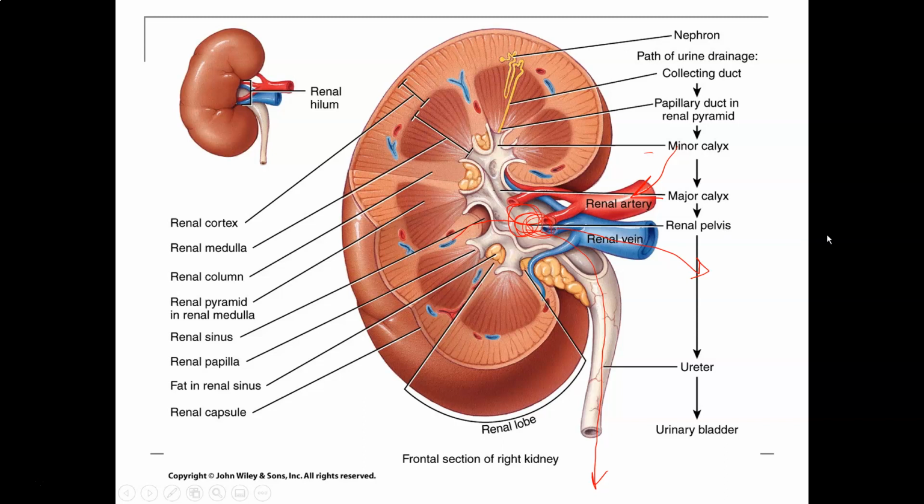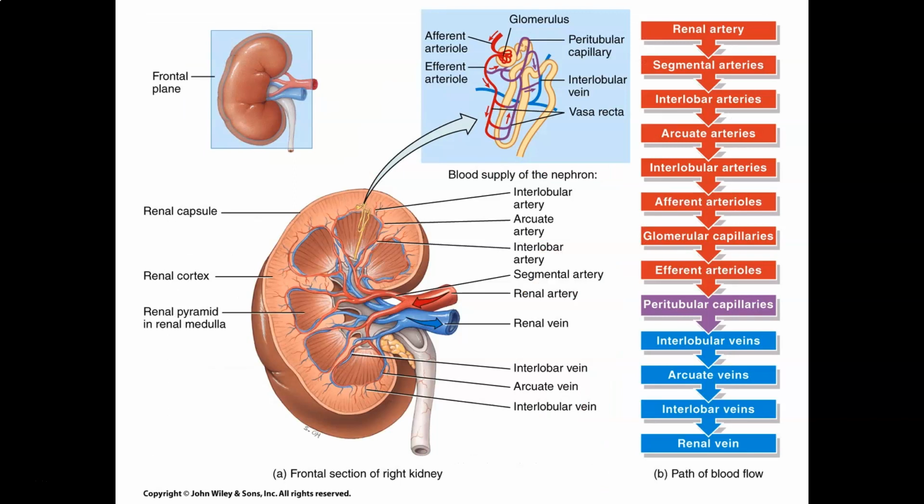Okay, now to understand urine production, there's really two main topics we need to focus on to set you up to really understand urine production. One of those two is the blood supply through the kidney. The kidney, if you recall, is one of the 3 places in the body where you have a portal system, which means that the blood flows through 2 capillary beds instead of just 1.